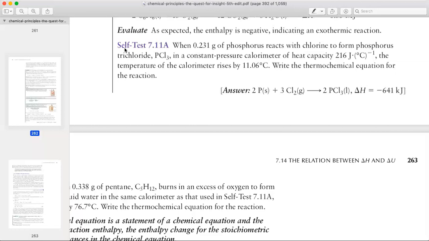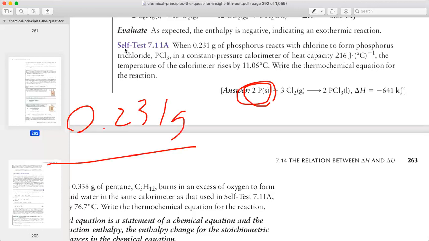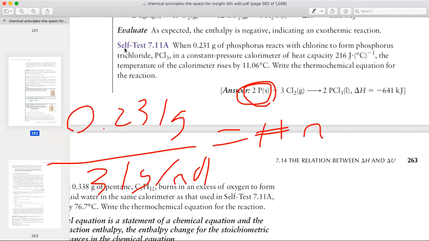And then you multiply that number by 2 because you've got 2 moles of phosphorus per reaction. You're not adding the coefficients from both elements. Again, you're dealing with these 2 phosphoruses. So it's 0.231 grams divided by 31 grams per mole equals number of moles.